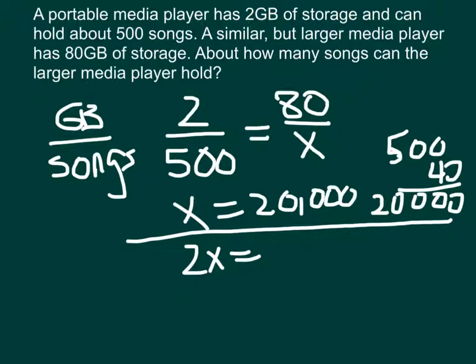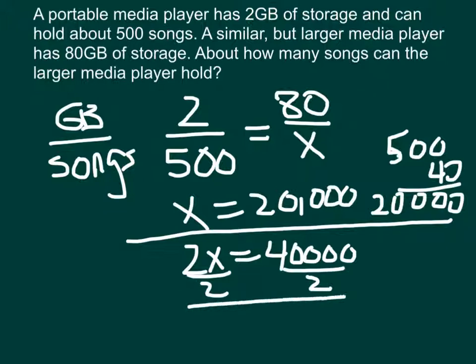And then you would have gone 500 times 80, and you would have gotten 40,000. Then you would have divided by 2 on both sides, and that would have given you X equals 20,000. Same answer done in 2 different ways.